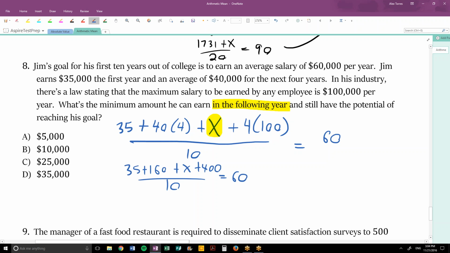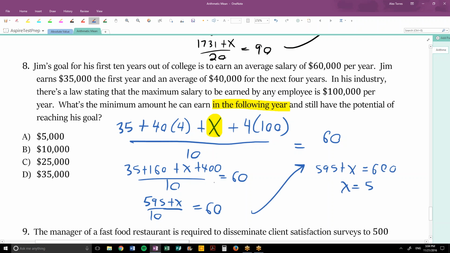Combining the like terms, we have 560 plus 35, so 595 over 10 plus X all over 10 equals 60. Multiply both sides by 10, and we have 595 plus X equals 600. Taking away 595 from both sides, X equals 5. So we were dealing with thousands from the beginning. So we just found out that the amount that Jim can earn in the following year is $5,000, and he can still have the potential of reaching his goal. So maybe Jim deserves a vacation.